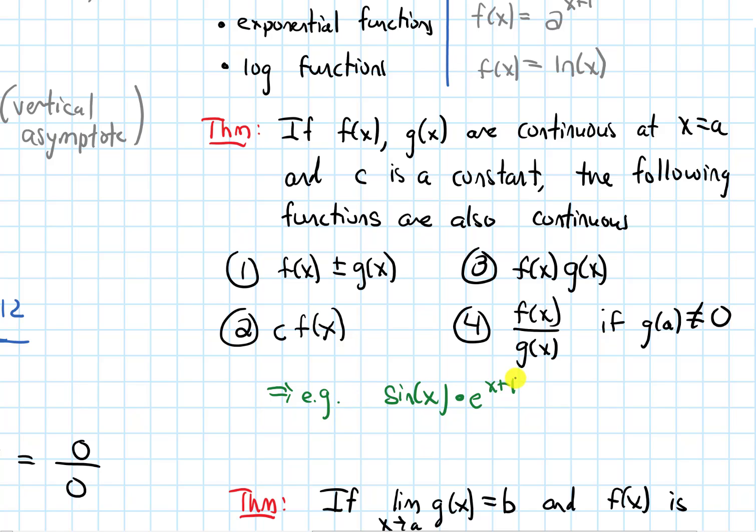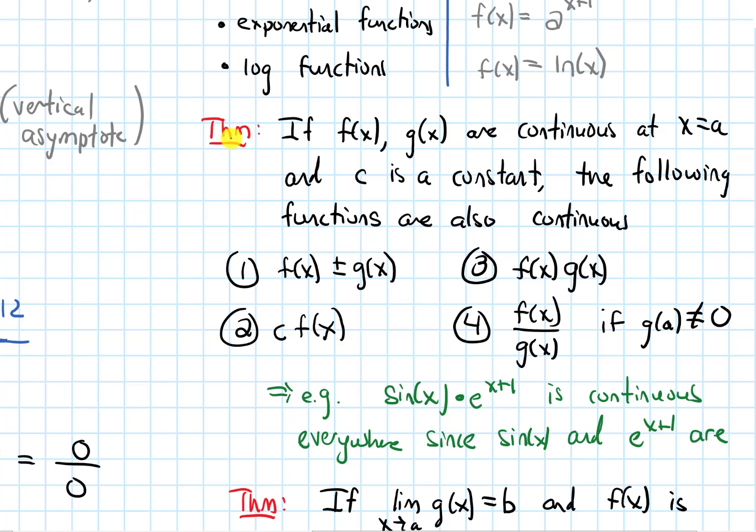If you multiply these two, this is going to be continuous everywhere, since sine x and e to the x plus 1, those two pieces are. And this previous theorem says when you multiply two continuous functions, that product will also be continuous.